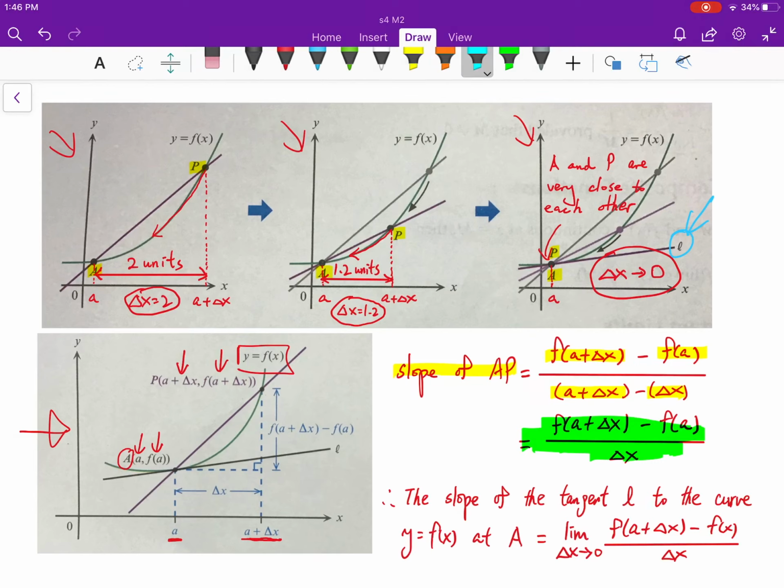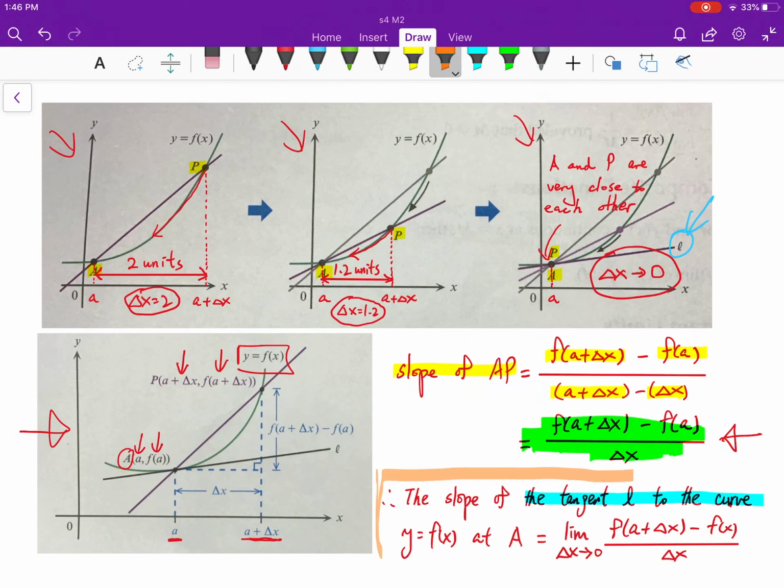Here you may observe we have a line L, and this L is actually the tangent to the curve. What is the slope of L? The slope of AP, as we just mentioned, is f(a plus delta x) minus f(a) over delta x.